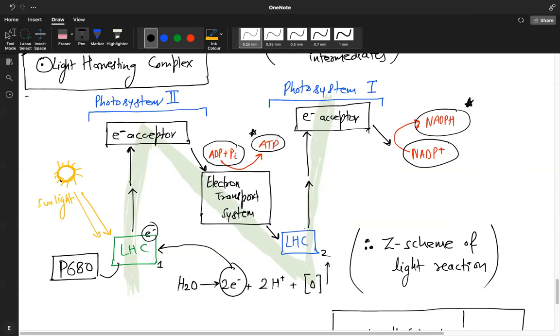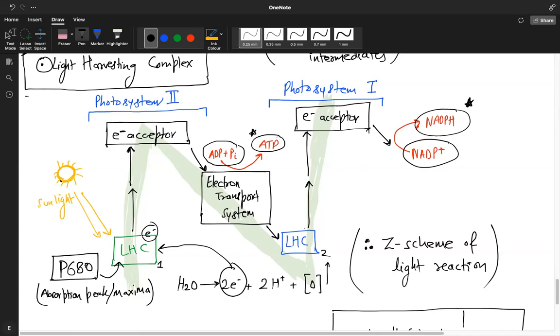Here P stands for peak of the reaction center. So the absorption peak, or absorption maxima, comes at 680 nanometers. So it gets excited at 680 nanometers, which means more energy.